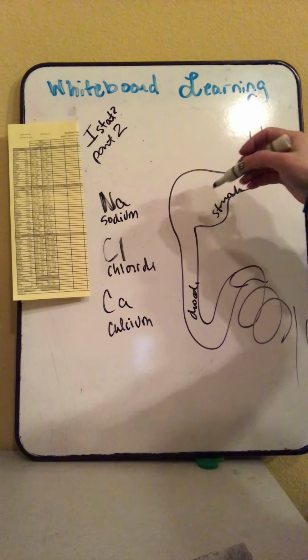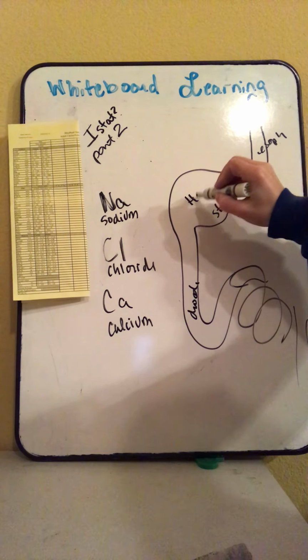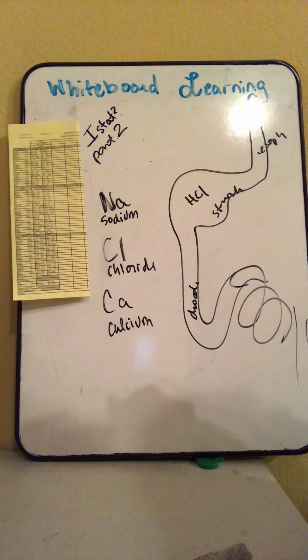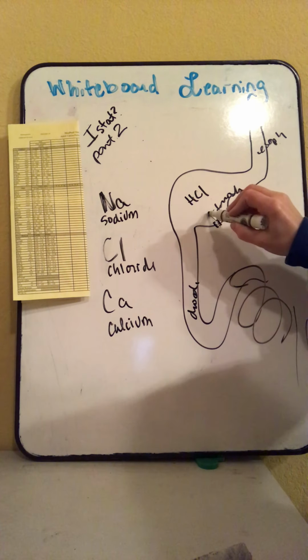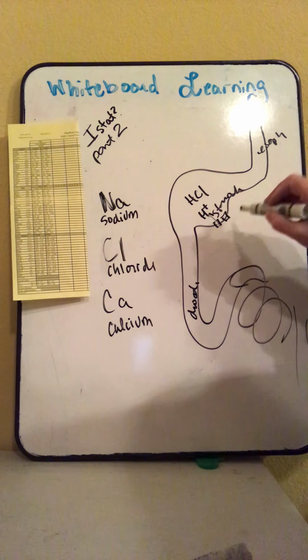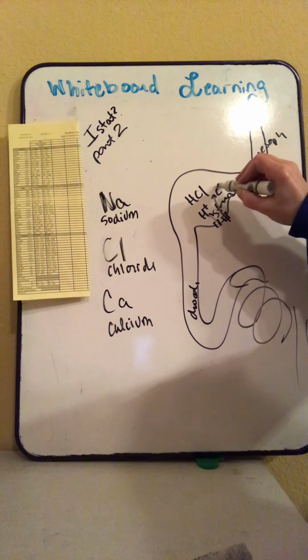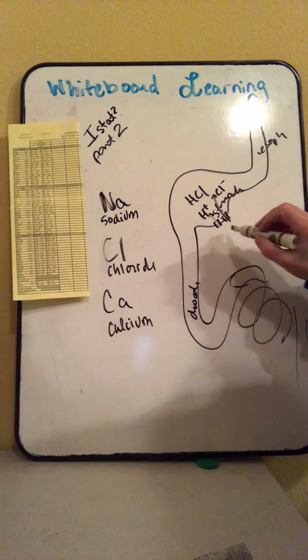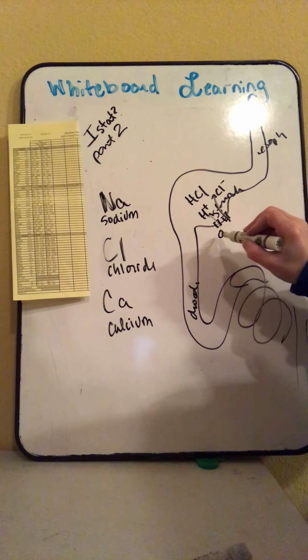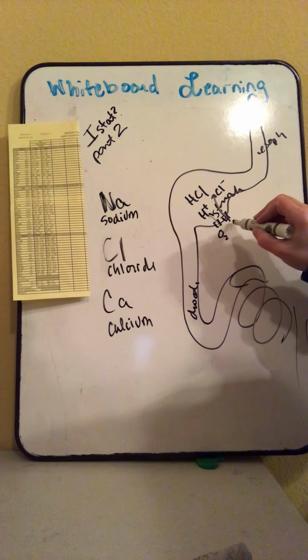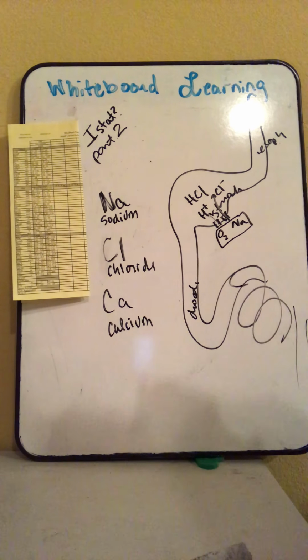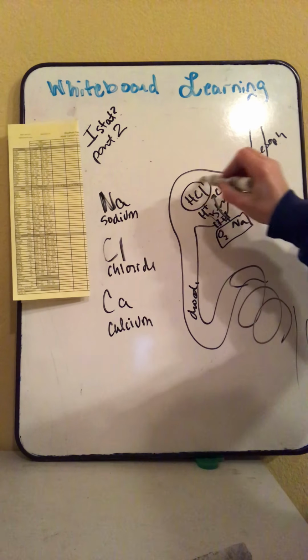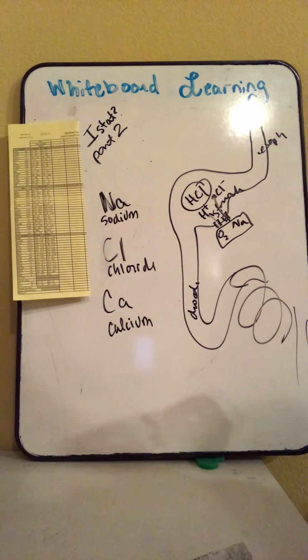Well, it breaks down food by having acid, and the most well-known acid is hydrochloric acid. So what happens here at the stomach is that protons, or the hydrogen, and chloride are pumped into the stomach, and they free up the water, and then they free up the salt or other compounds that they break away to get those pumped in. So this is a very acidic environment that has to be neutralized.